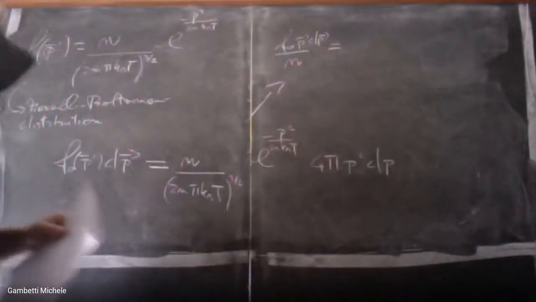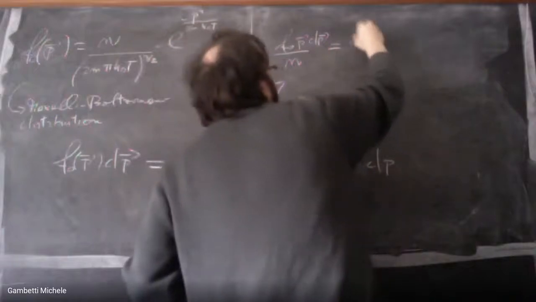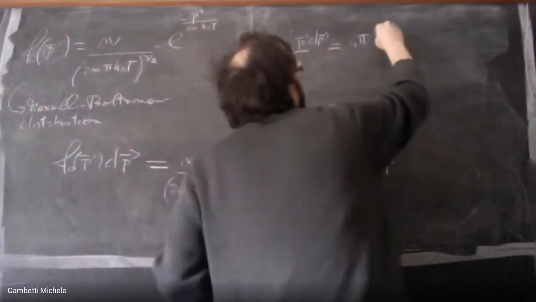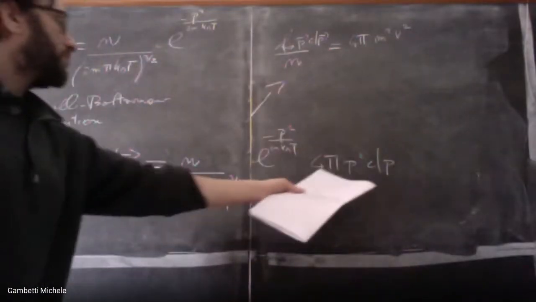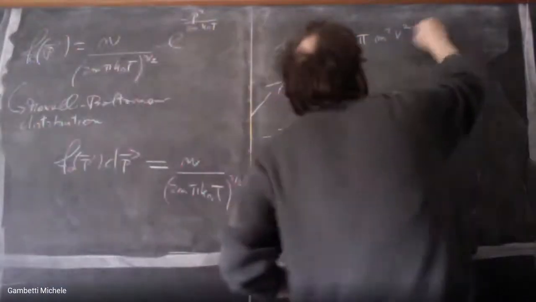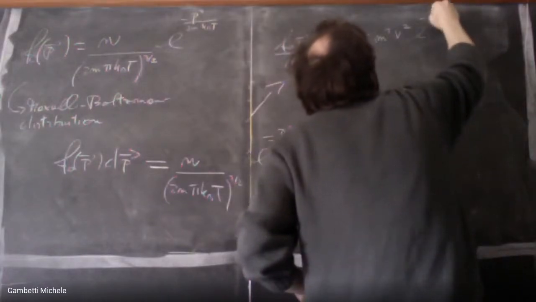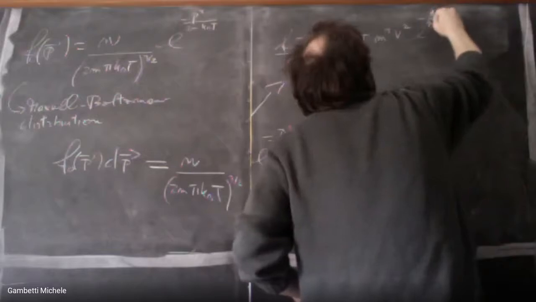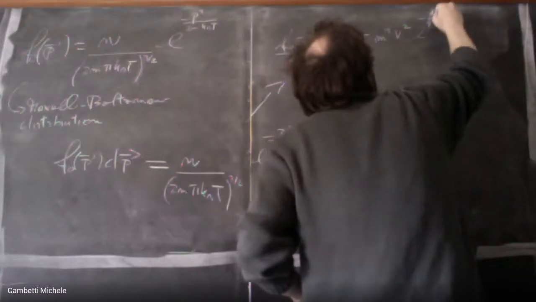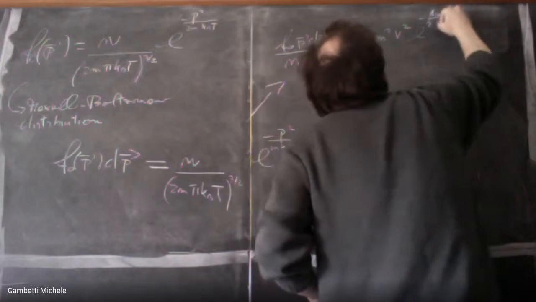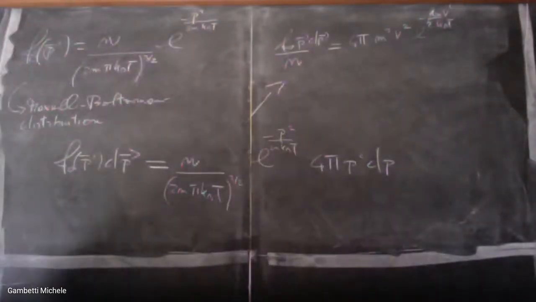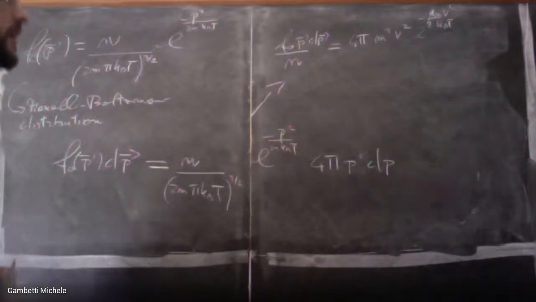And now this is equal to 4 pi m squared v squared, and I have the exponential e to the minus, well, let me write that directly, 1/2 m v squared divided by kT. So I'm expressing the kinetic energy in the form of velocity, 1/2 m v squared.